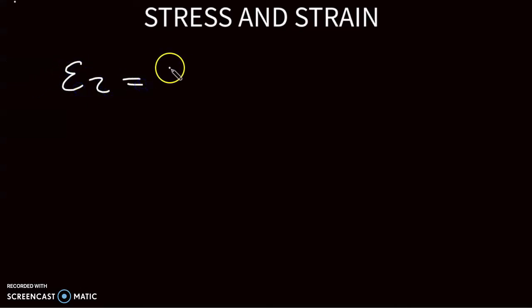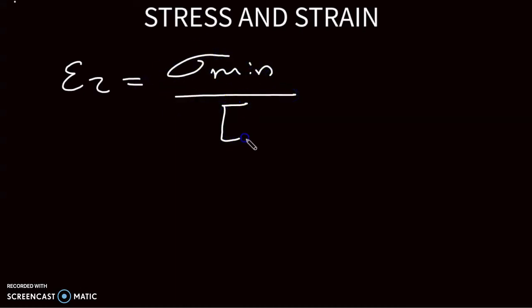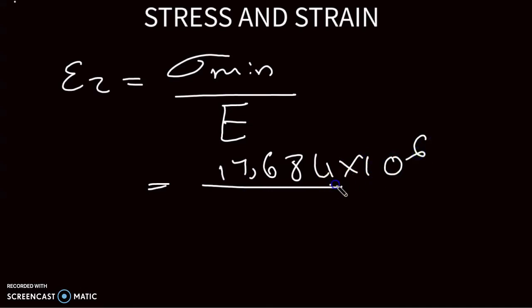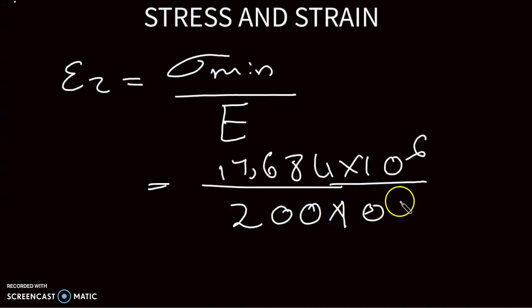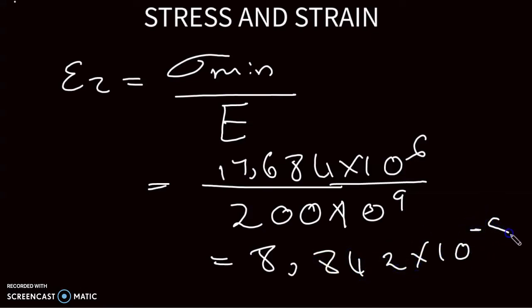Strain number 2 equals stress, which will be the minimum stress, divided by Young's modulus, and this will be 17.684 times 10 to the power 6 divided by 200 times 10 to the power 9, and this gave me a strain of 8.842 times 10 to the power negative 5.